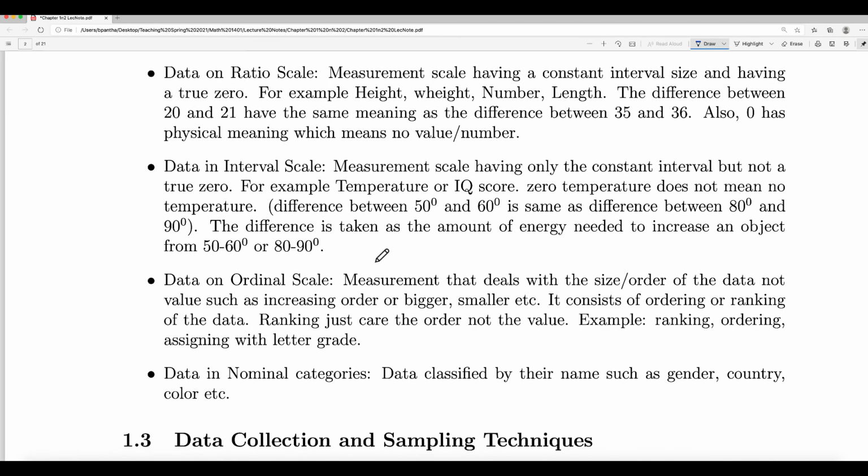Data on ordinal scale is the measurement that deals with the size or order of the data, not a value, such as increasing order or decreasing order. It consists of ordering or ranking of the data, big, small, medium, but we do not use numbers there. Ranking just cares about the order, not the value. Examples are ranking, ordering, assigning a letter grade.